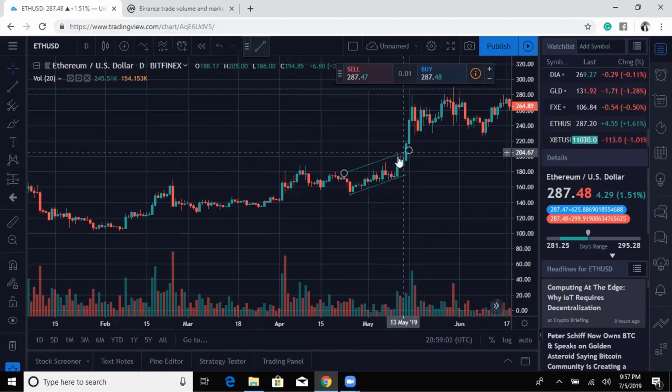From the trend line that you're using, if you take a long position to the upside and a green candlestick breaks above the trend line, the resistance level at the top, then that tells you that the price of Ethereum or Bitcoin, whatever you're taking a position with, is going up.